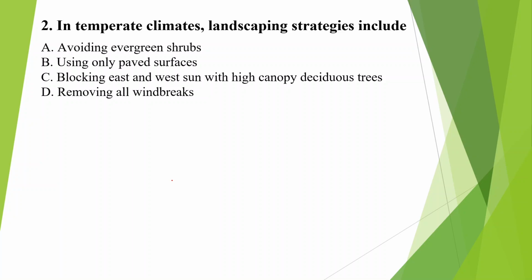So out of the 4 options, read the 4 options carefully and mark your correct answer for this particular question, question number 2.